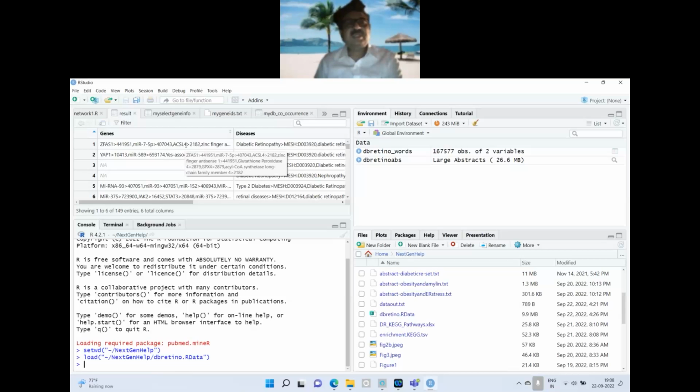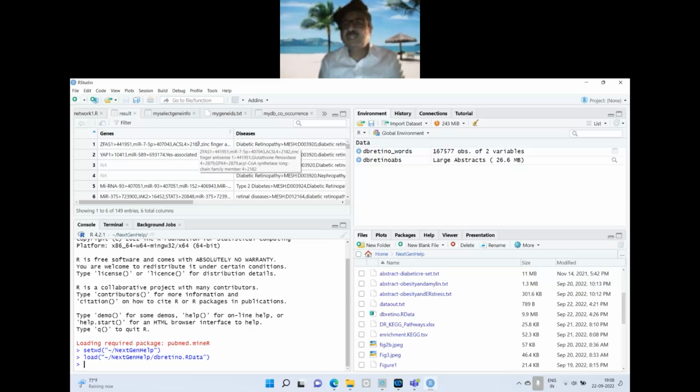Then there is another entry, zinc finger antisense 1, but that is the same as ZFAS1 because of the normalization. Then glutathione peroxidase, and its symbol is GPX4, and then acyl-CoA synthetase long chain family member.